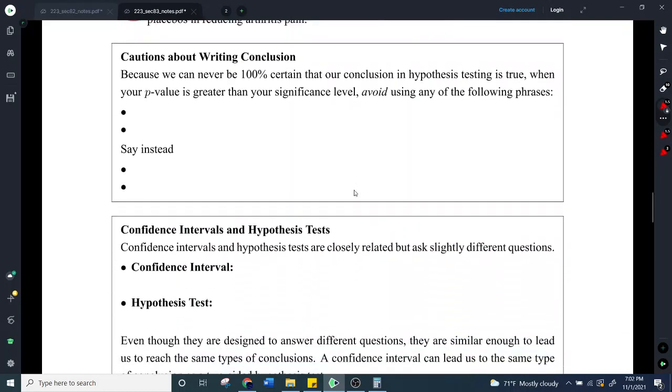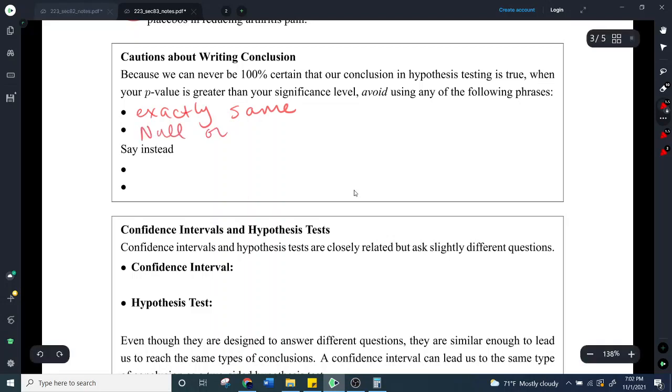So here we go. Because we can never be 100% certain about our conclusions, avoid using phrases like exactly the same, or completely different, or something like that. You never want to say that the null or alternative hypothesis is true.